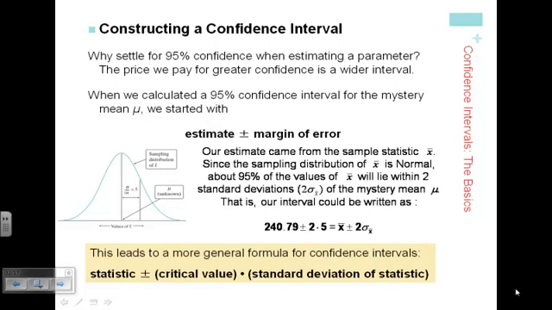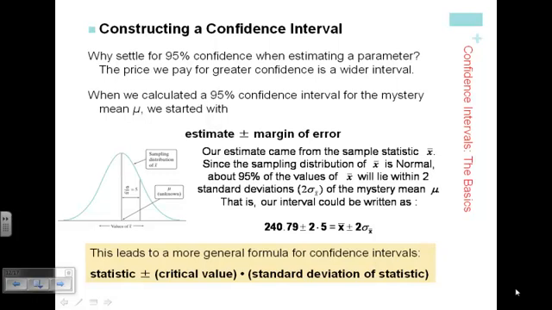What do I mean that that's the standard deviation of the statistic? In the last chapter, we had this formula: the standard deviation of x bar is sigma over root n. Oh, I'm using the x bar statistic there? Then that's the standard deviation of that statistic that I need for that formula. What about this other one, the sigma of p hat?